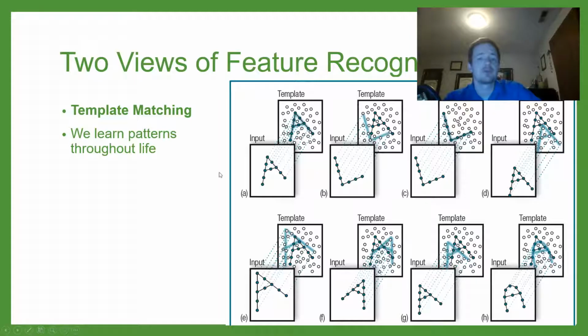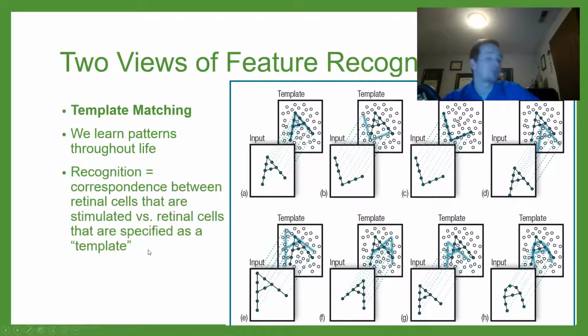And so if you have this A that is on this retina, and it corresponds with you learning that on your retina, whenever you have seen that in the past, that is the letter A, then you will recognize that as the letter A. So the letter L, for example, is not going to activate these same photoreceptors, and consequently, these same parts of the primary visual cortex, and so we don't recognize this as an A because it doesn't line up with this specific template. But it does line up with our template of the letter L, and so on.